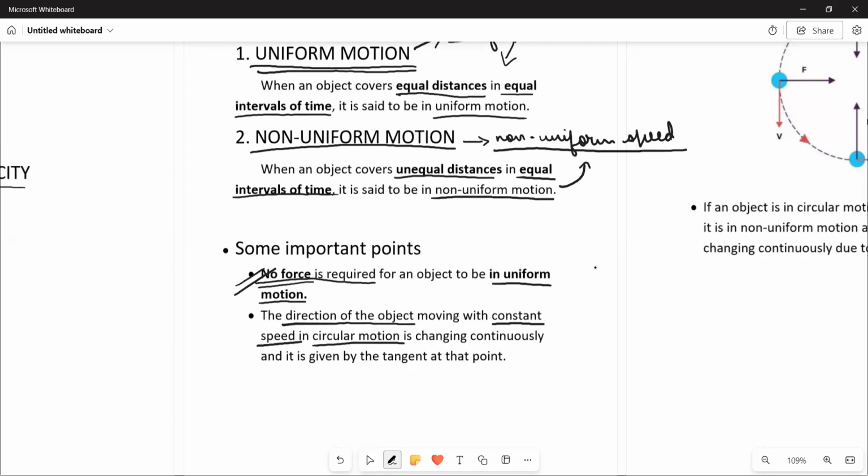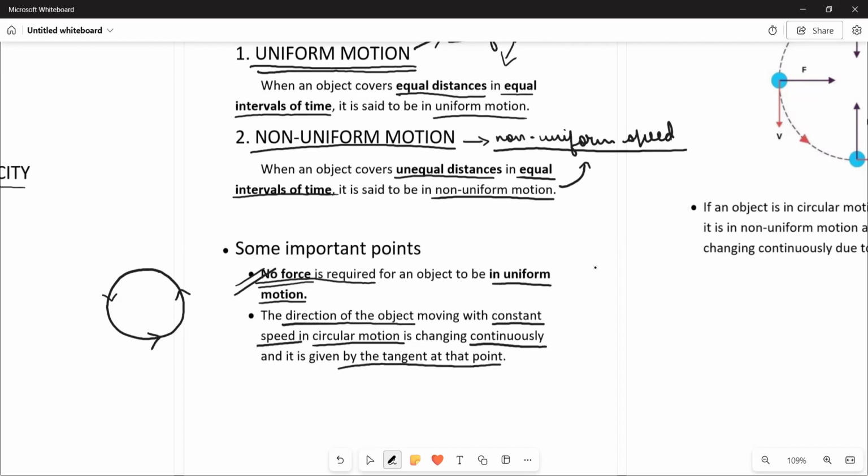Whenever an object moves in this type of circle, it is called circular motion, right? With constant speed. Constant speed means we'll see a uniform motion. And whenever an object is performing such a motion, it is changing its direction continuously, and this direction is given by the tangent at that point.